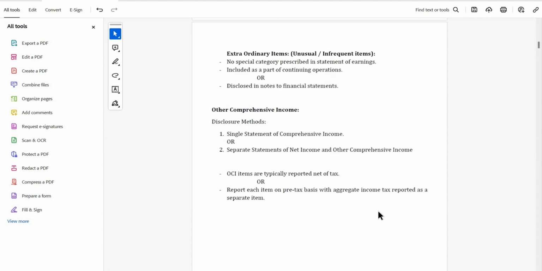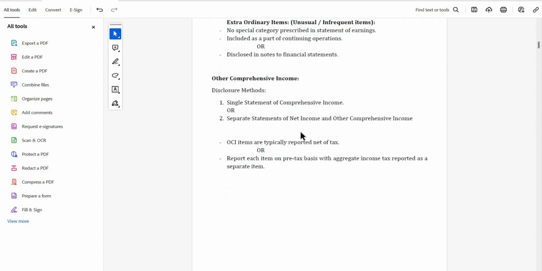Extraordinary items. What are extraordinary items? Those which are unusual or infrequent items which do not occur in the ordinary course of business. That is, there is no special category prescribed in the statement of earning; they are included in the part of continuing operations, or disclosed in notes to financial statements.